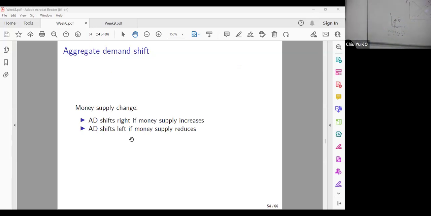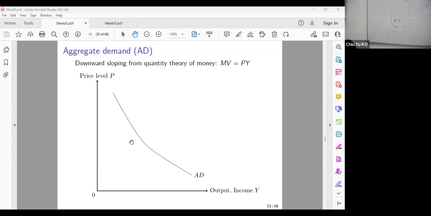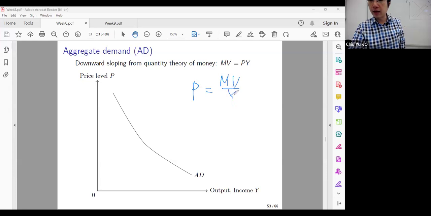And remember, we draw this diagram holding the money constant, right? Same M, increase in P, drop in Y, all right? So that means that if I increase my M, what happens? Okay, let's write down the formula. You may find the math easy. Look at this. P is equal to MV over Y, right?